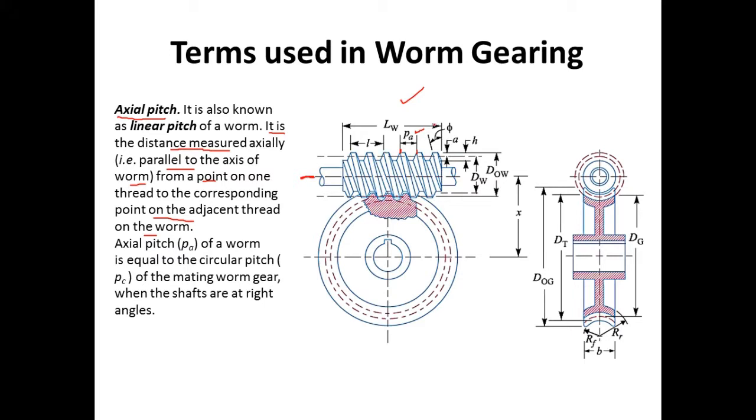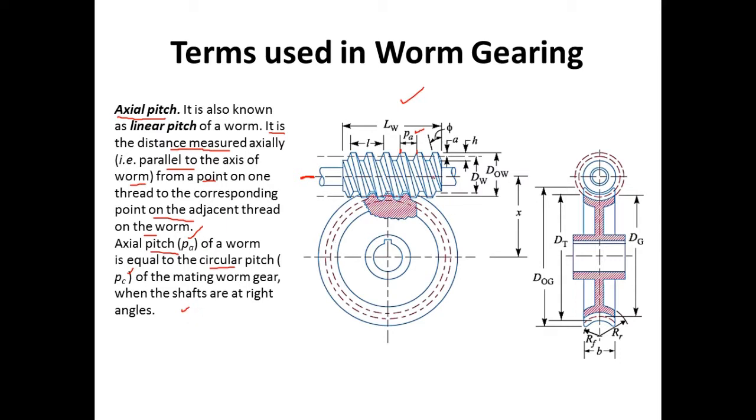Generally the axial pitch is equal to the circular pitch. So we say PA will be equal to PC of the worm gear when the shafts are at right angles.